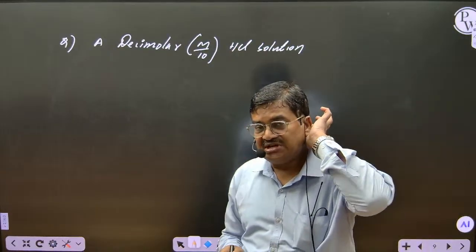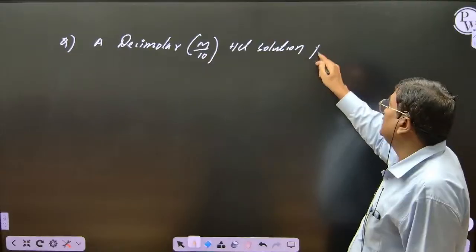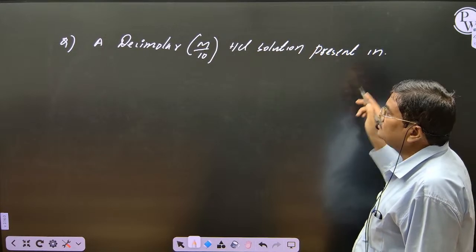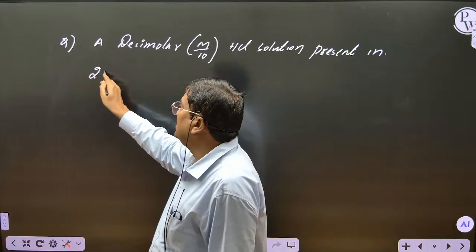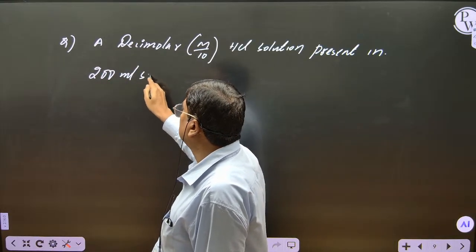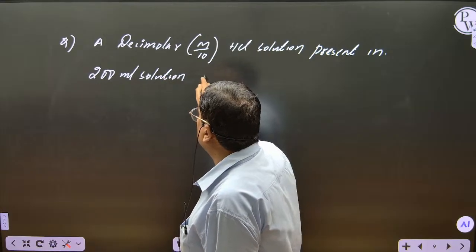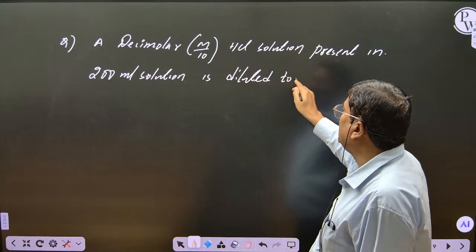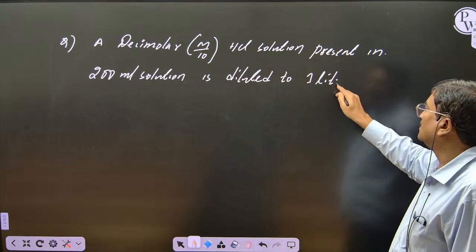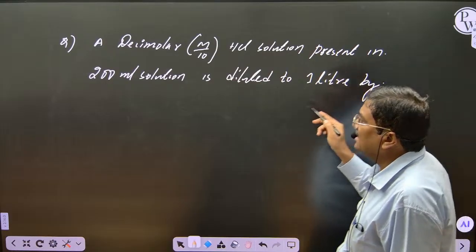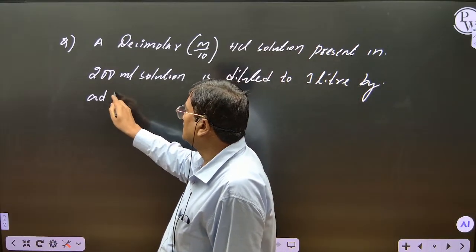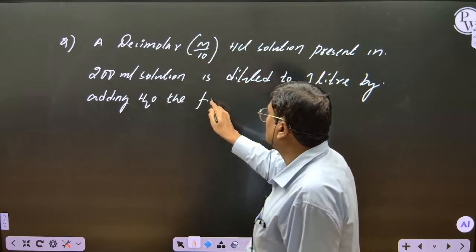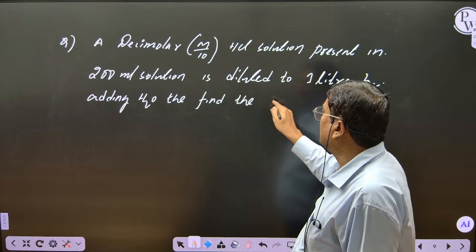Hydrochloric acid solution, present in 200 ml solution, is diluted to 1 liter by adding water. Then find the final normality.